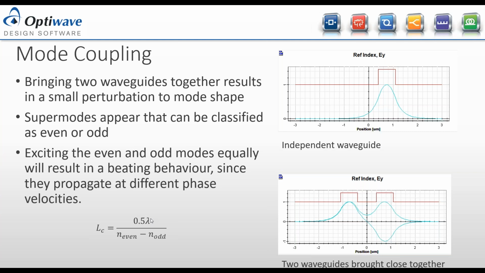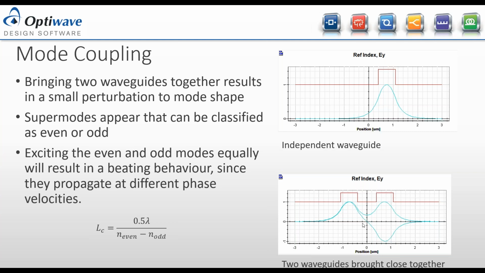And of course, the other way of looking at this is that it's just one structure. The notion of two independent waveguides, you don't even really have to care about that. It's one structure, and the structure just happens to have two modes, right? One mode is symmetric, one is asymmetric. And if you excite one arm, it should excite both of these two modes equally, because on one arm they might have equal pulse shape.